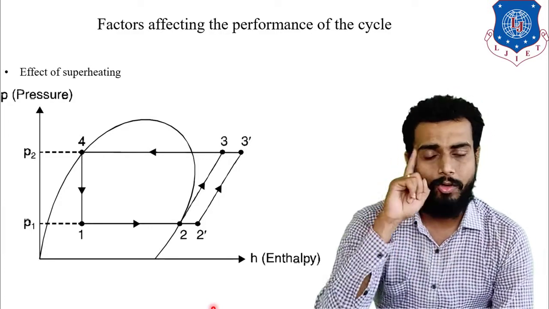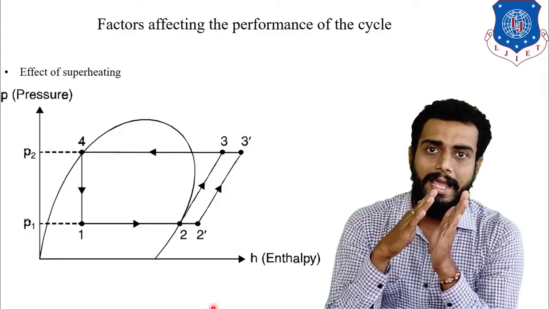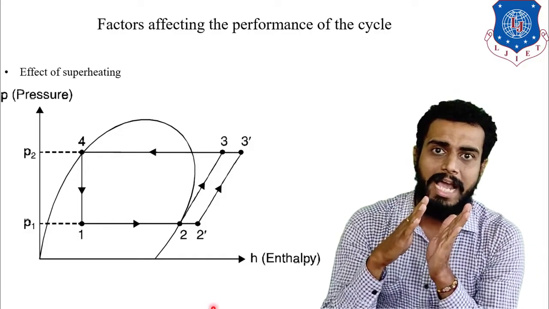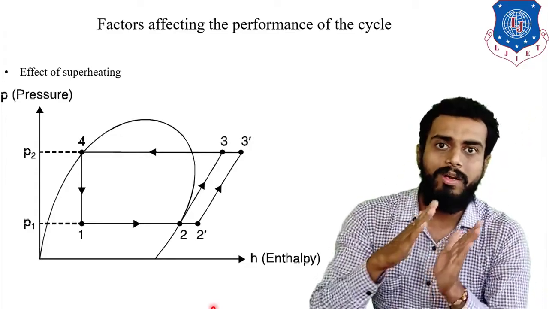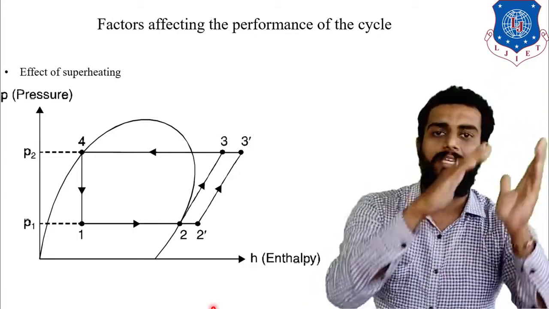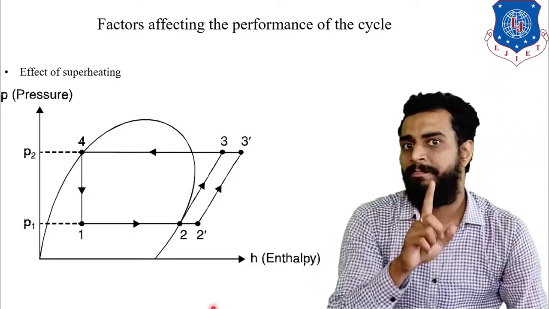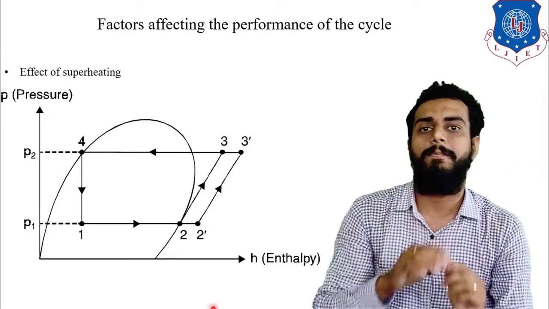Now observe, and I told you in the previous section also, that these constant entropy lines have a diverging nature when they move towards the outer side or top side, right? Due to that, your 3 dash point will be somewhat far from 3 point.